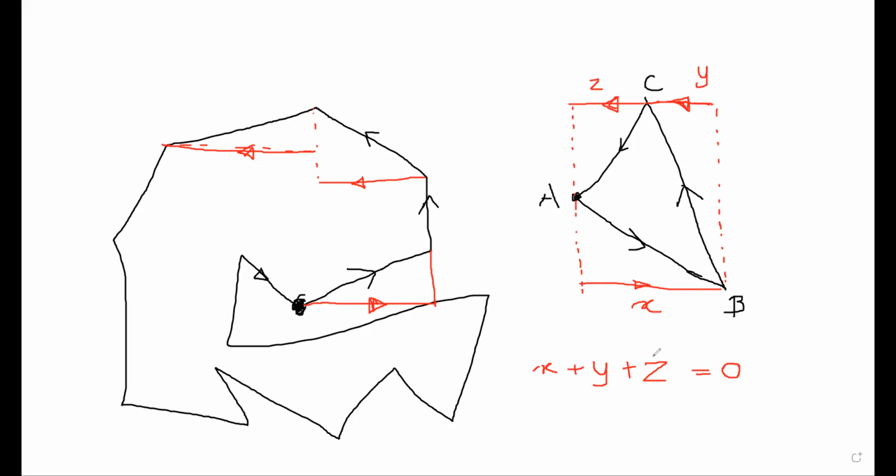If you come back to the same position, your net displacement in any direction, it can be east-west, it can be north-south, or any other inclined direction, the projections should be 0.